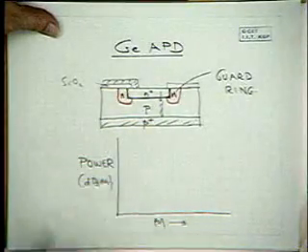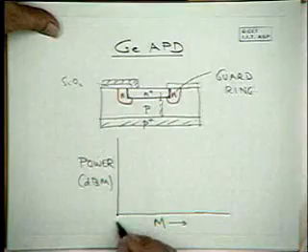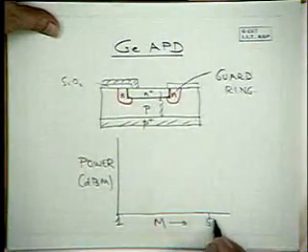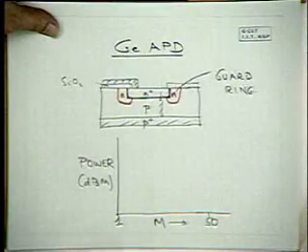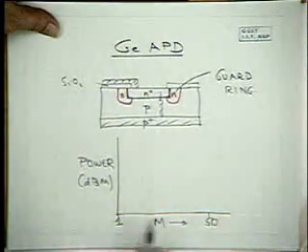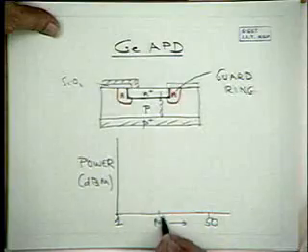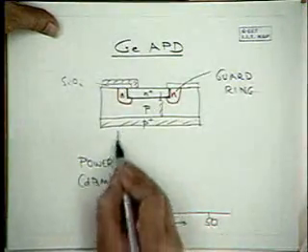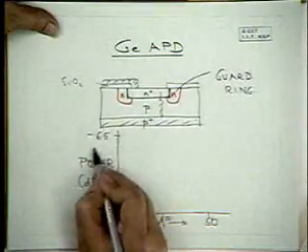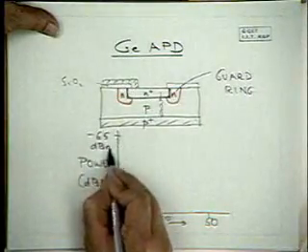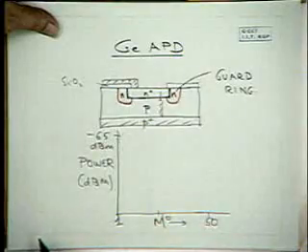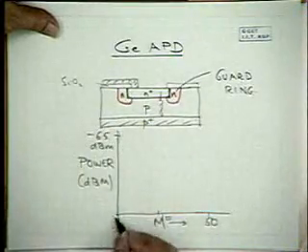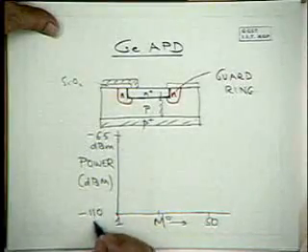Suppose we can change the value of multiplication from 1 to say 50 by applying voltage, changing the voltage. So this is say 10. The output signal here is say minus 65 dBm. dBm means in milliwatts; 0 dBm is 1 milliwatt. This is minus 110 dBm, so this is a very weak signal.